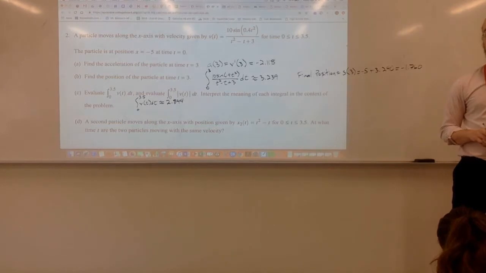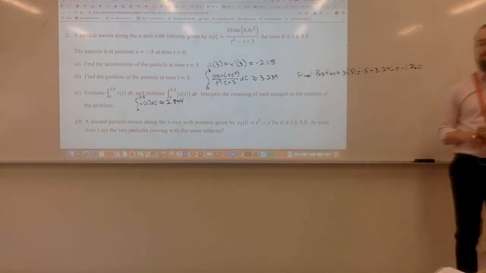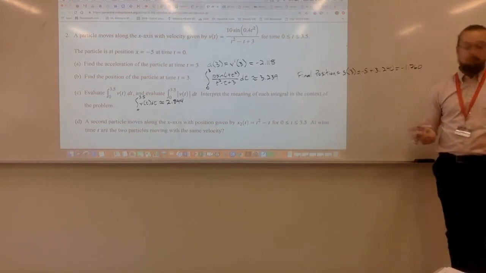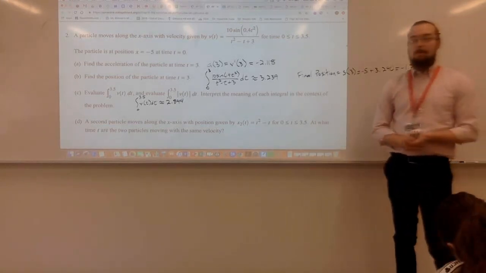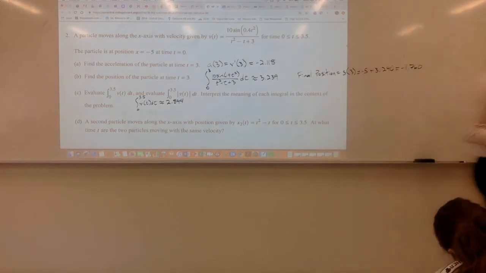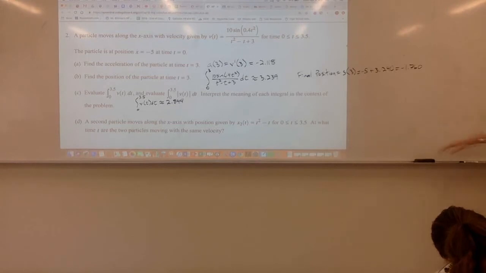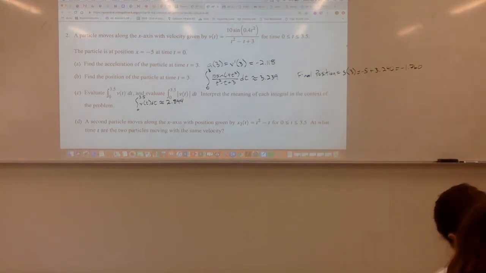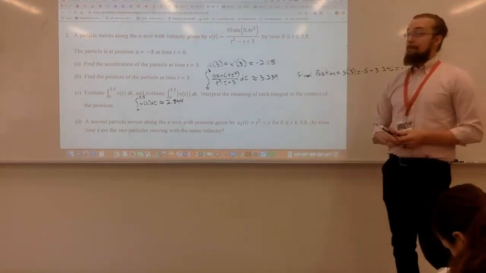I just went up, and since I already had the thing in, I just changed the 3 to 3.5. So double check that you get that when you plug it in. Make sure that you're comfortable plugging all this stuff in here.